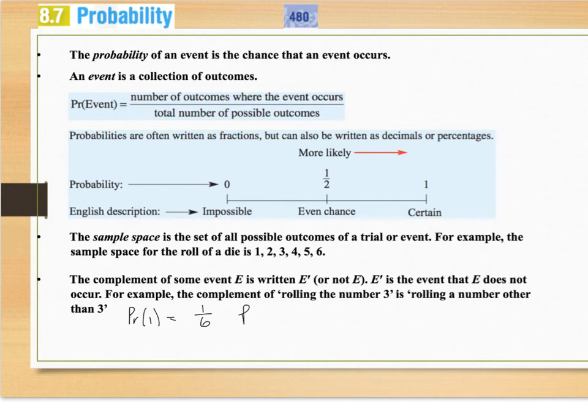What is the probability of not getting a 1? The probability of not getting a 1 means that there must be 5 out of 6, and together it must add up to 1. So it's either a 1 or it's not a 1. So 1 in 6 and 5 over 6 will always give us a 1. That is what the complement of an event is: not getting a 1.